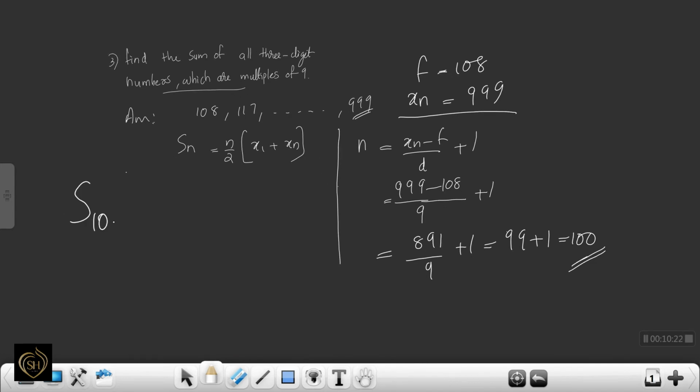Sn, that is S100, is equal to n by 2. n is 100. 100 by 2 into first term 108 plus last term 999.